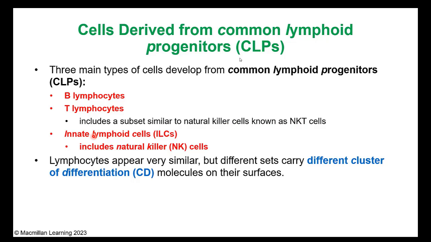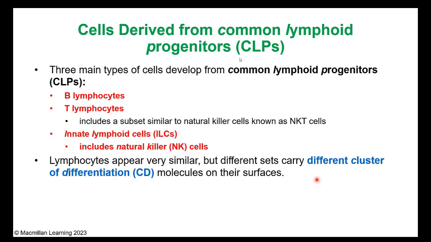Those are the NKT cells. And then you have other innate lymphoid cells, or ILCs, and those are going to develop into natural killer cells. It's a bit confusing, natural killer T cells, natural killer cells. So let's just put them all in a bucket of natural killer cells.